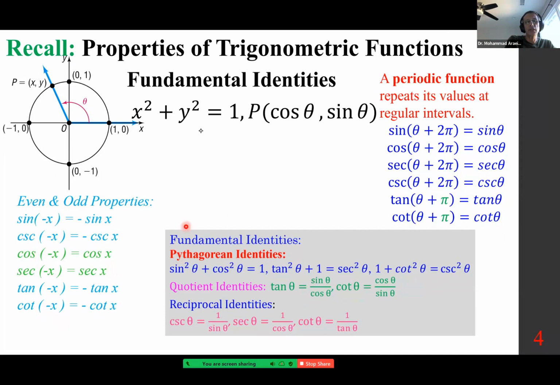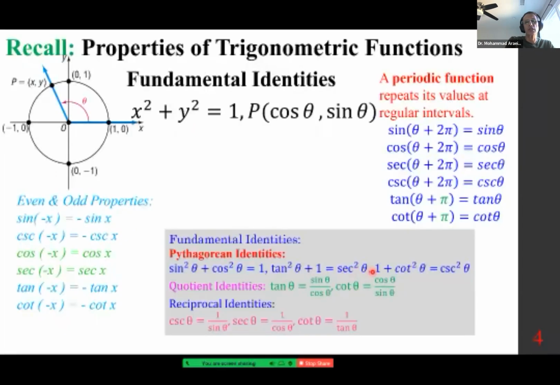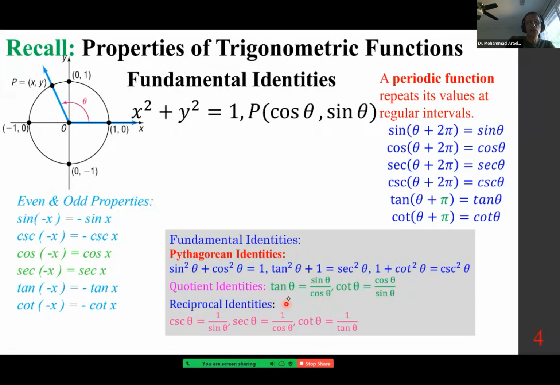Pythagorean identities: sine squared plus cosine squared equals 1, tan squared plus 1 is secant squared, 1 plus cotangent squared is cosecant squared. Quotient identities: tan is sine over cosine, cotangent is cosine over sine. Reciprocal identities: cosecant is the reciprocal of sine, secant is the reciprocal of cosine, and cotangent is the reciprocal of tangent.